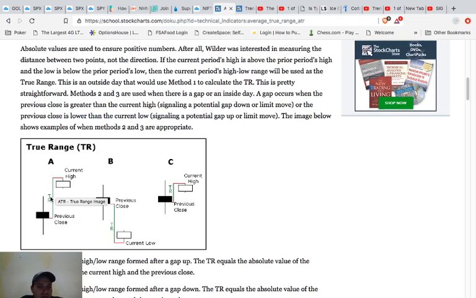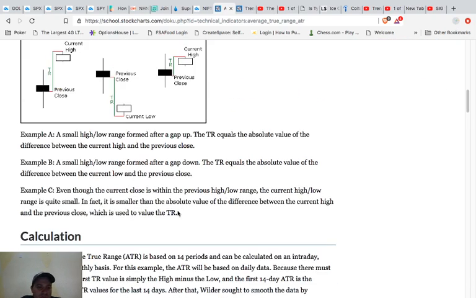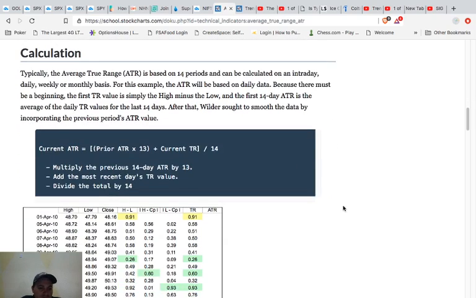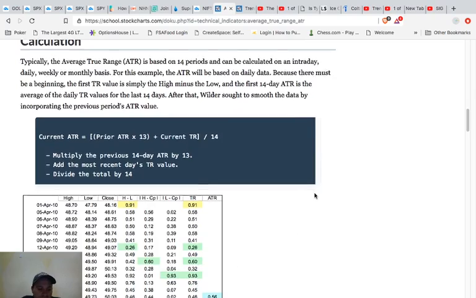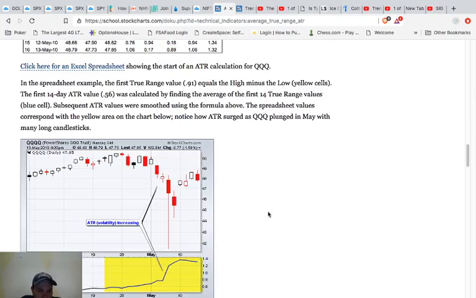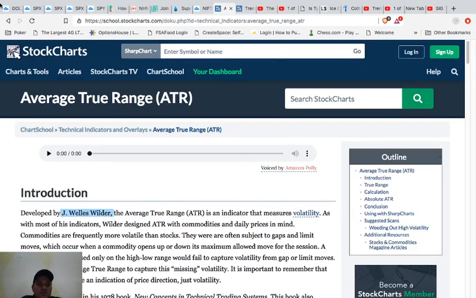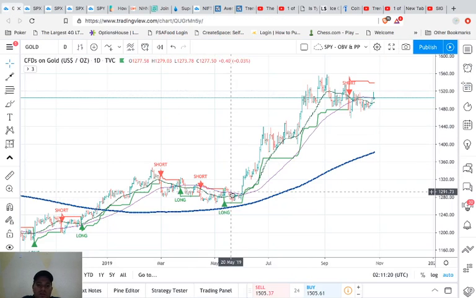True range is measured from the current high to the previous close, current low, current high, previous close. So it measures that range, and then it takes an average of them. Then it calculates that, and based on that it gives you a number which is drawn out, and then that math is used to make this indicator.